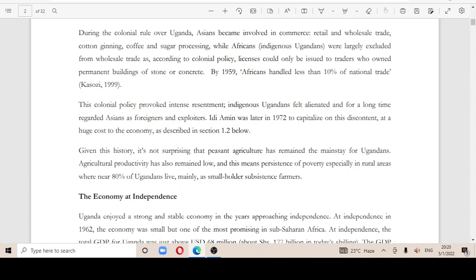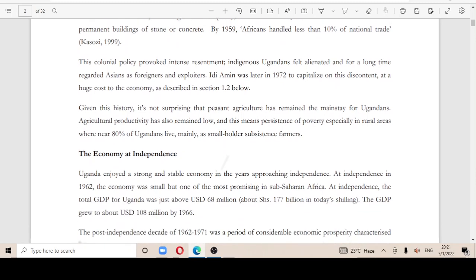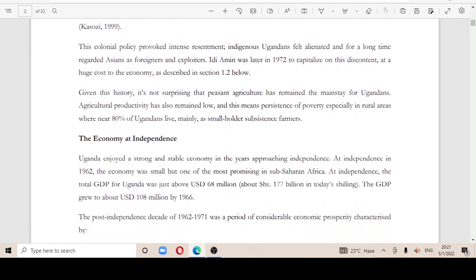Here we are just hinting on Idi Amin. That's why I told you that you can either interchange Idi Amin to be your third point, or make him the fourth, because the next one will be the economy at independence. So we get to see Idi Amin as somebody who comes in to cause an impact on Uganda's economy, and his influence came at a cost.